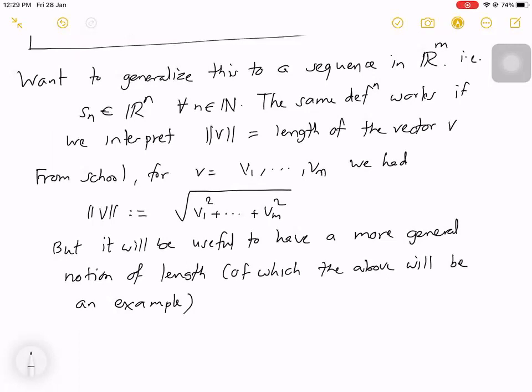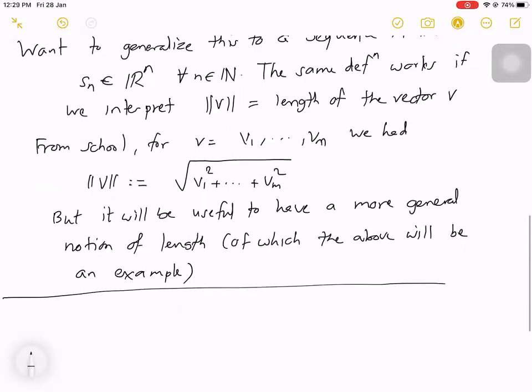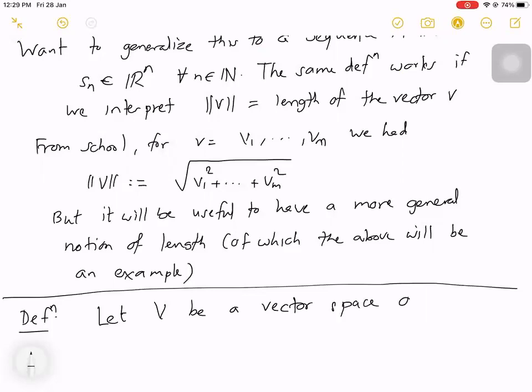Okay, so definition. And later on, we will say that even over complex numbers it is okay, but for now, just think of this as R^n.